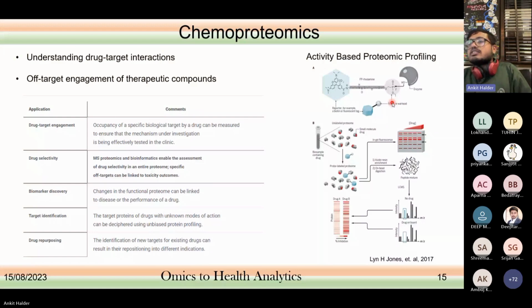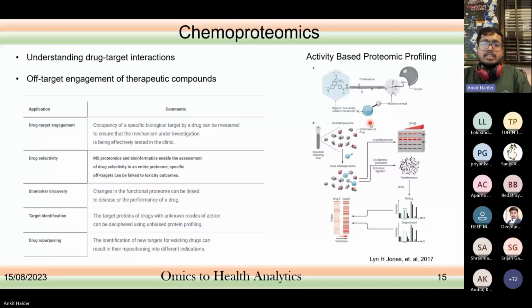So then you will get the proteome with the drug and with no drug. What is the effect of having the drug and not having the drug? You can easily get to it. If your target molecules or receptors are blocked with certain molecules with fluorochrome, then your drug cannot go and bind to that receptor or protein molecule.